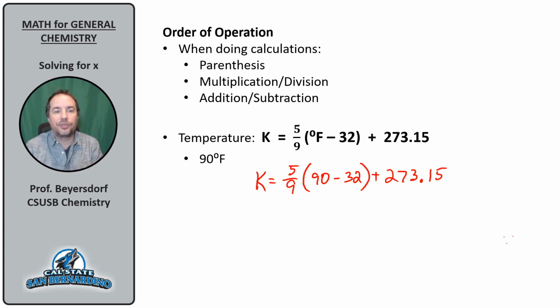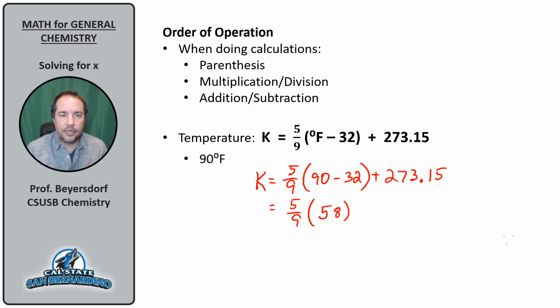And the first thing I do is the parentheses, the 90 minus 32. So I'll get 5/9 and 90 minus 32. That'll get me 58. Then I do the multiplication and division. So 58 times 5 divided by 9 is 32.22.